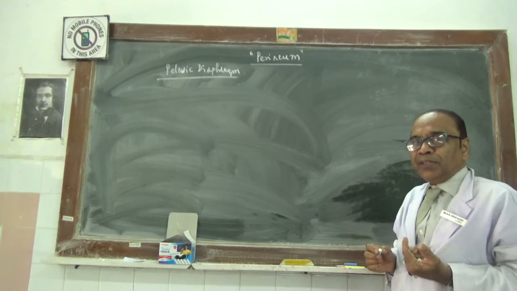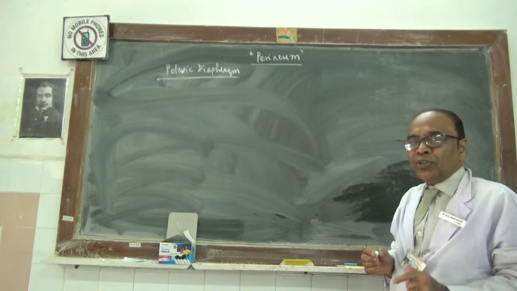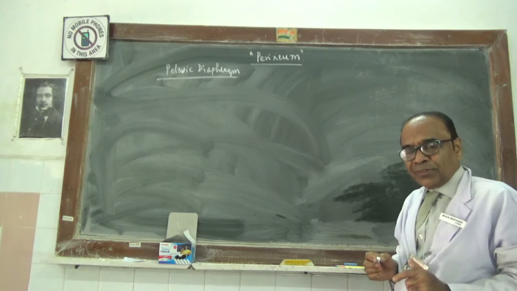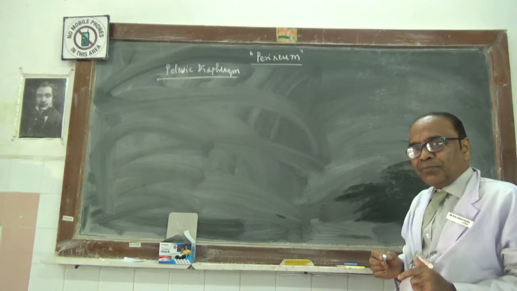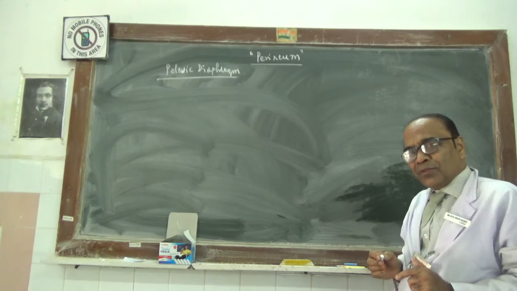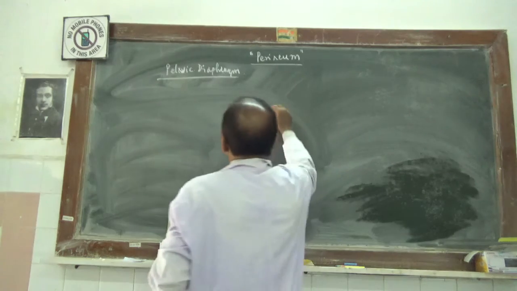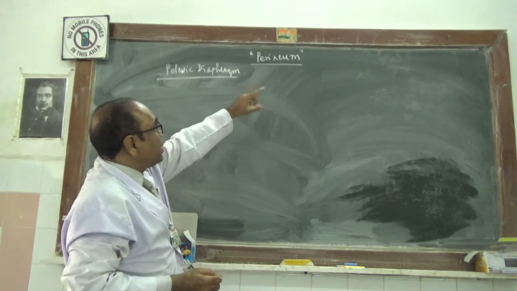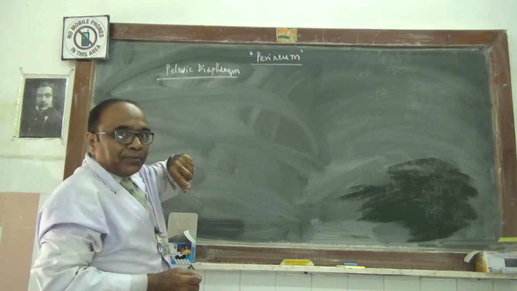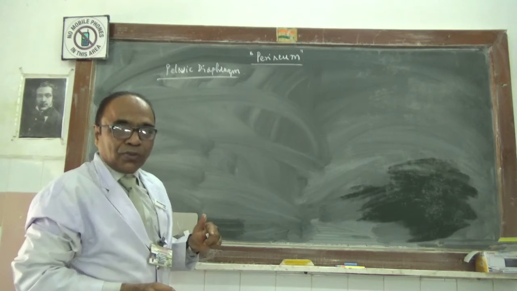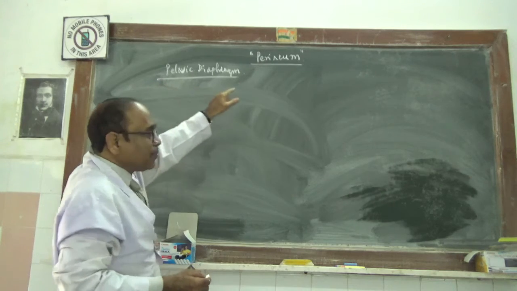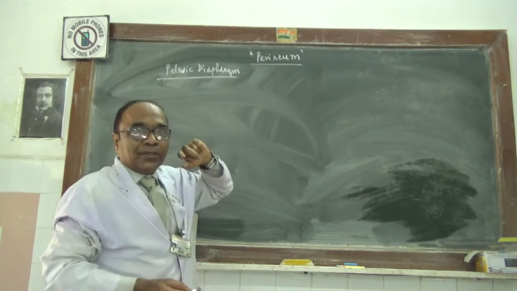So the perineum is the pelvic outlet, which is present in between the thighs in the male as well as in the female. How is that pelvic outlet formed? The pelvic outlet is formed by the pelvic diaphragm.